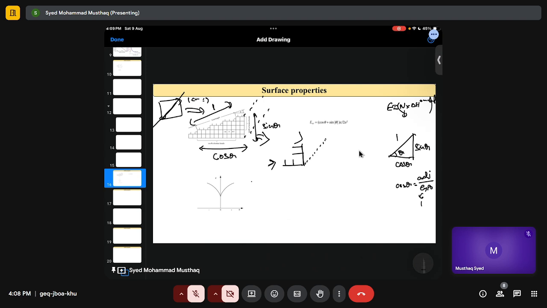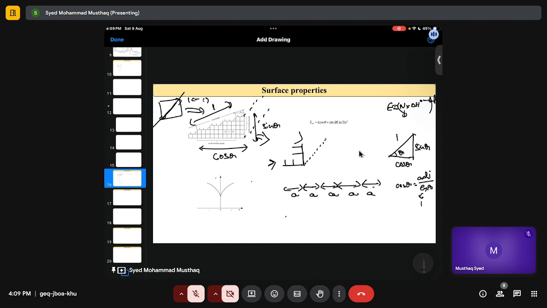Right. Now the number of bonds being broken in this cos theta length. Because the lattice parameter equals A, that means 1 bond. So how do you know the number of bonds? You just add this. It will be A. Right.